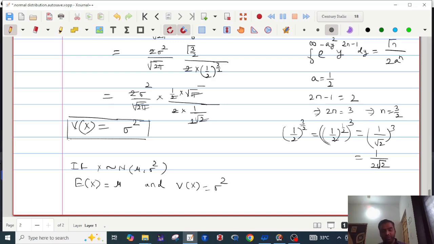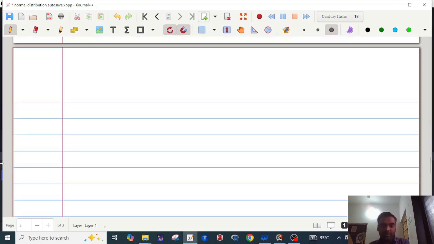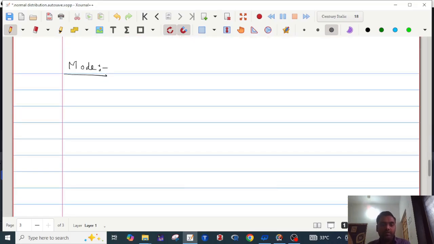Okay, now let's compute the mode of the normal distribution. Let x follow a normal distribution with parameters mu comma sigma square. Its pdf is 1 upon sigma under root 2 pi e raised to minus 1 half of x minus mu upon sigma, whole square.